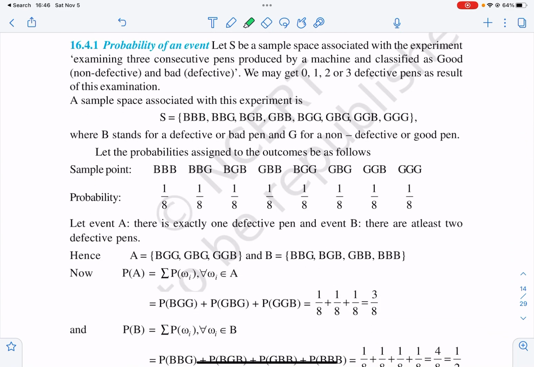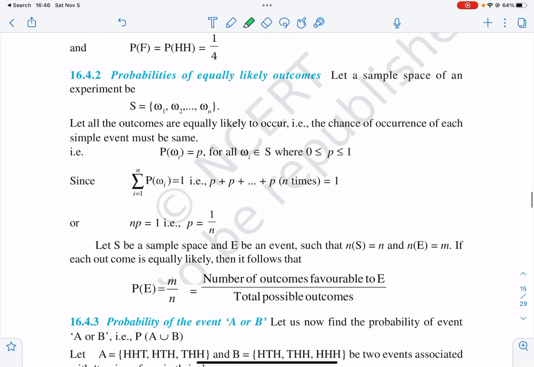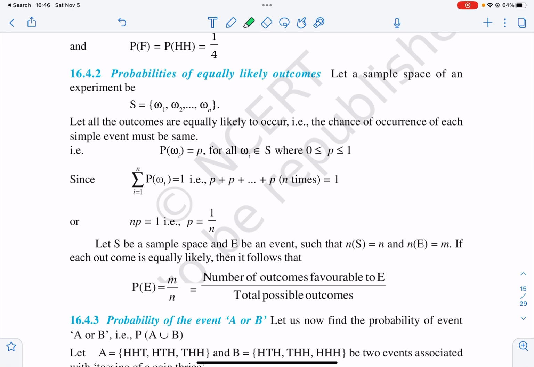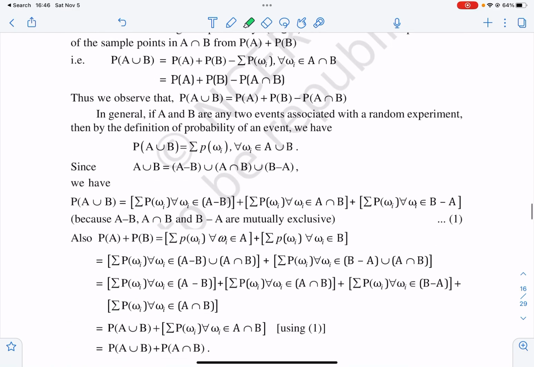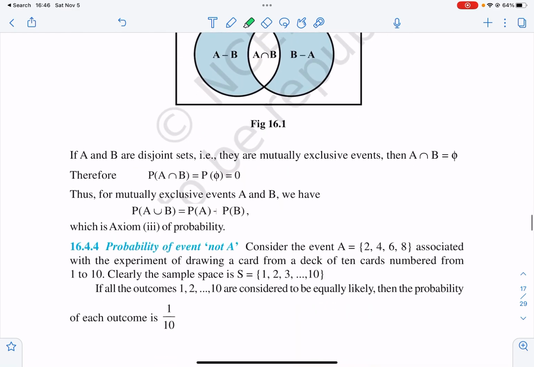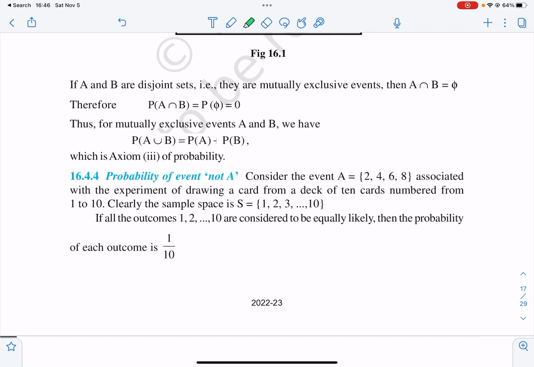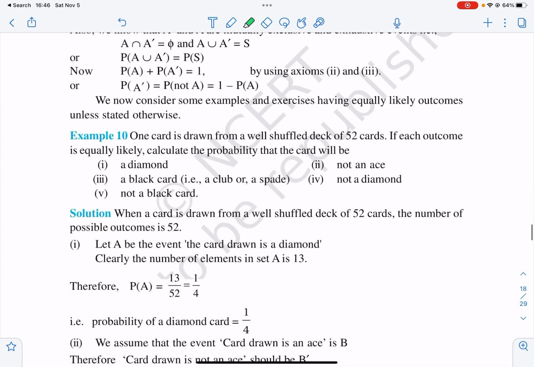Then we'll define the probability of an event based on the axioms. Then we will look at probabilities of equally likely outcomes. Then we will look at the probability of the event A or B. So this is kind of getting to the algebra of events. And then the probability of an event that is not A, meaning one of them doesn't happen.